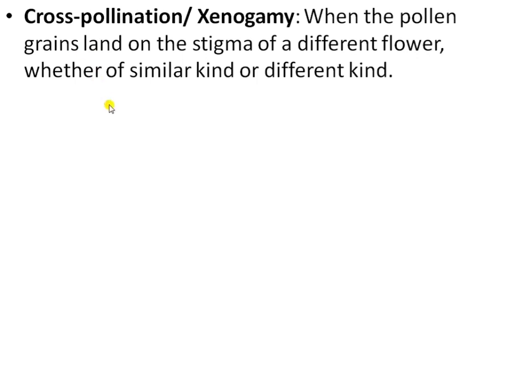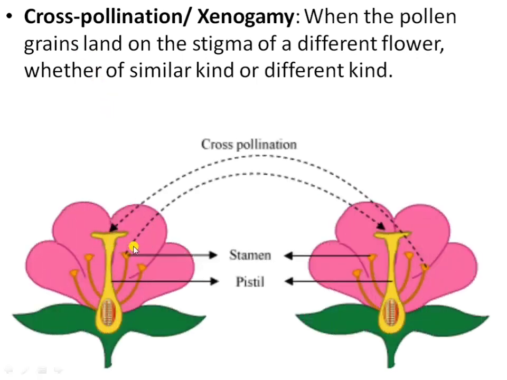Next is cross-pollination. In cross-pollination, the pollen grains land on the stigma of a different flower. When several pollen grains land on the stigma of a different flower, whether of a similar kind or a different kind, that is cross-pollination.